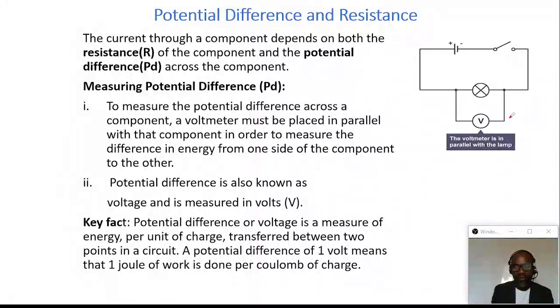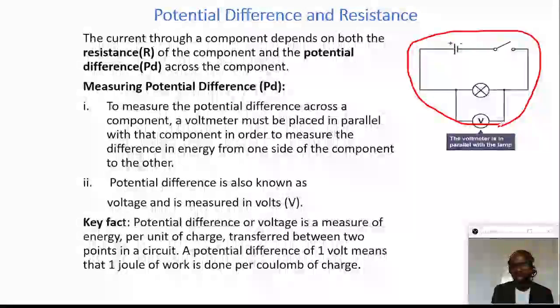And that is exactly what this diagram illustrates: how the resistance and potential difference across certain components can be measured.